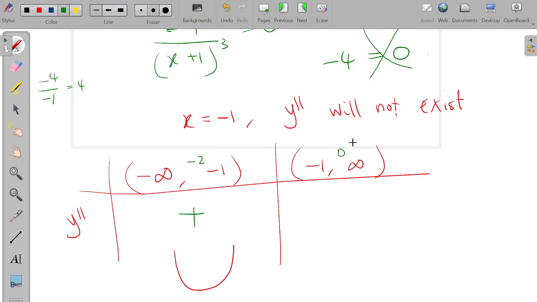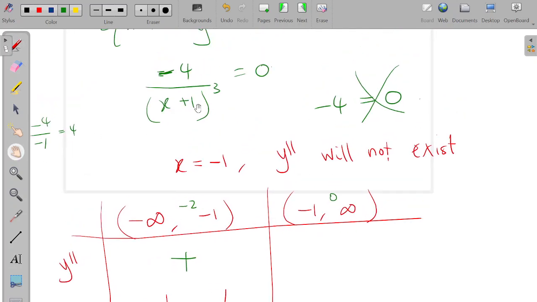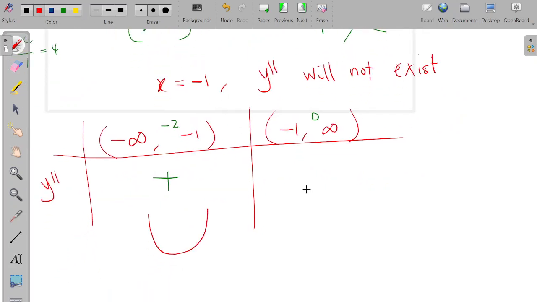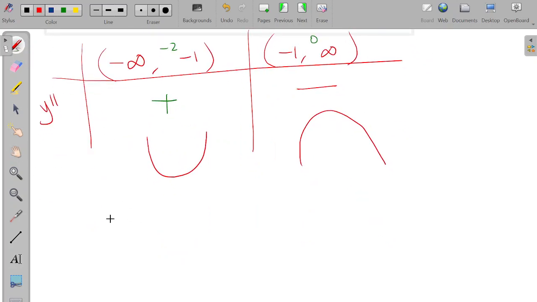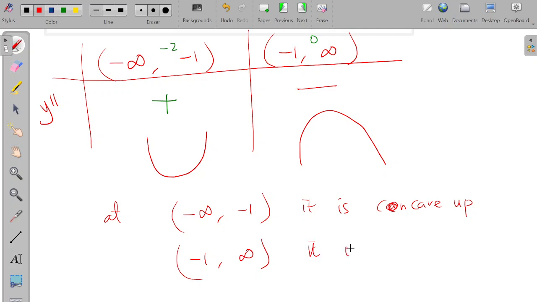If I pick the point 0, I have negative 4 over 1, which is negative. If I have a negative there, that means it is concave down. So at the first interval it is concave up, while at the second interval it is concave down.